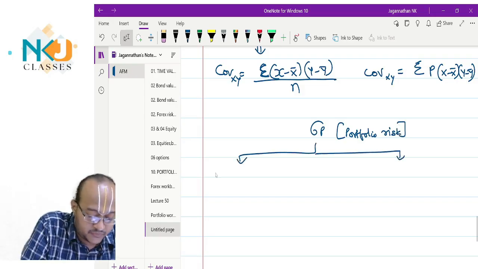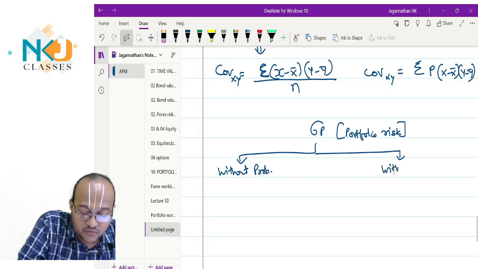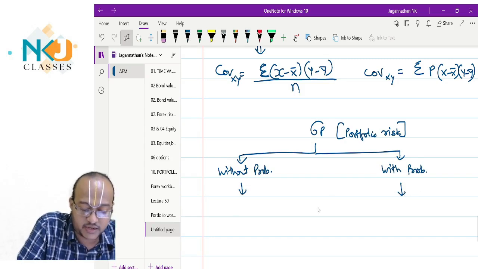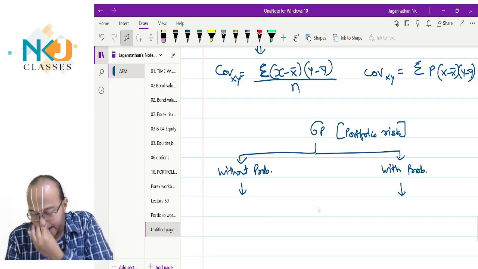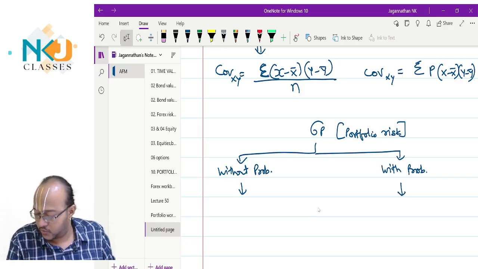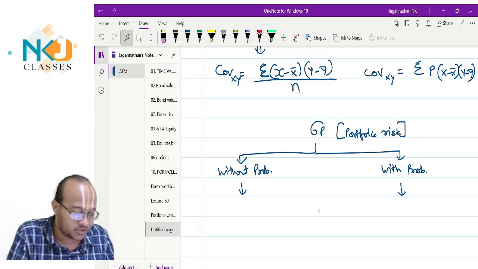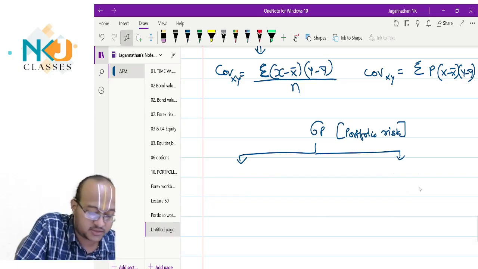Without probability, with probability, or without the data given for covariance, with the data of covariance, like this you can segregate. Two formulas are there for portfolio risk.